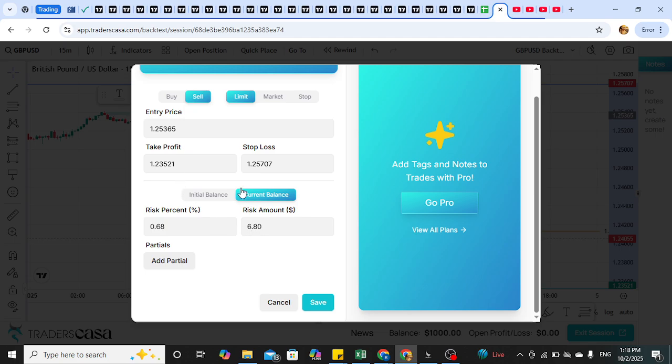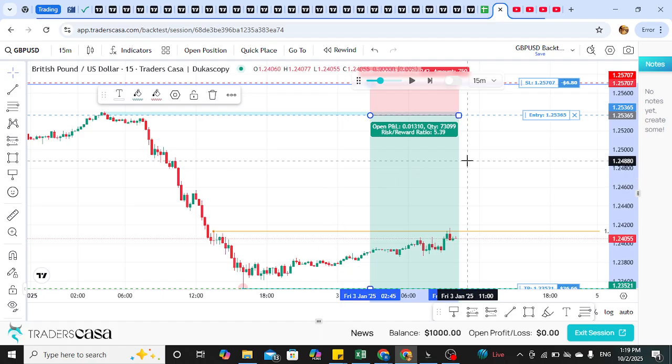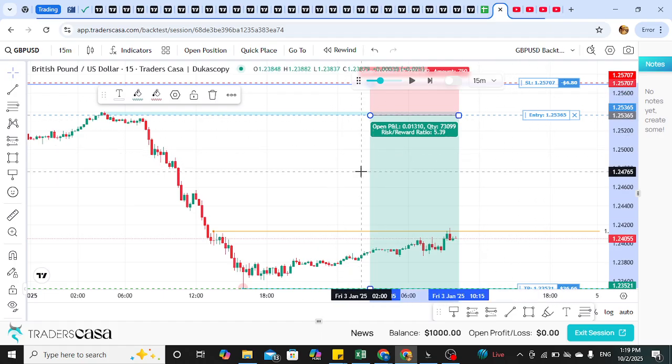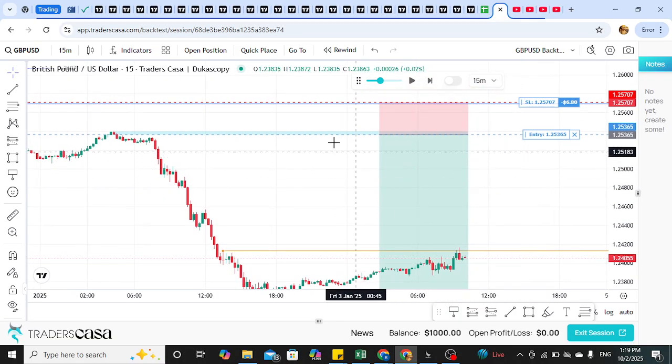Although this is the first one, I always take the current balance, not the initial balance. Save. Okay, so now we have our position open. This is a pending order, so I go to sleep. Once this is done, I move to another pair. But because we want to see what will happen, let's go.